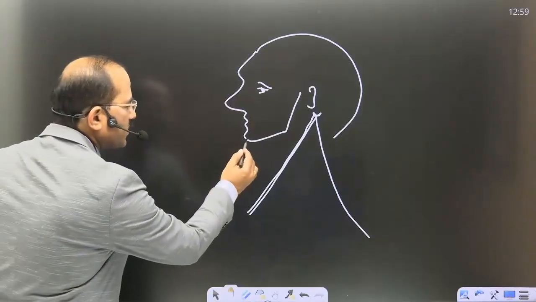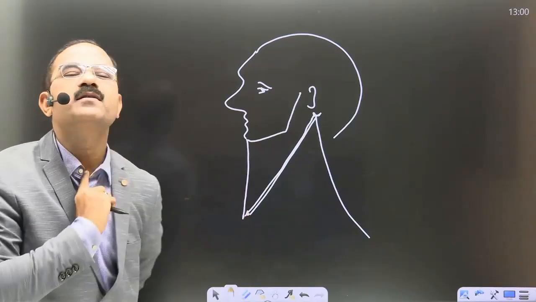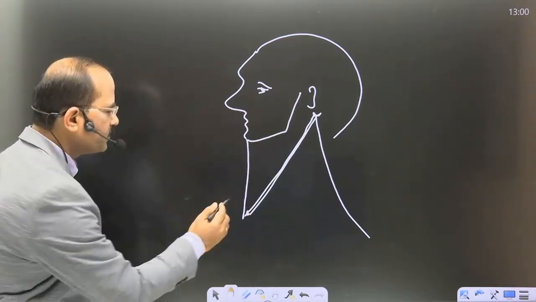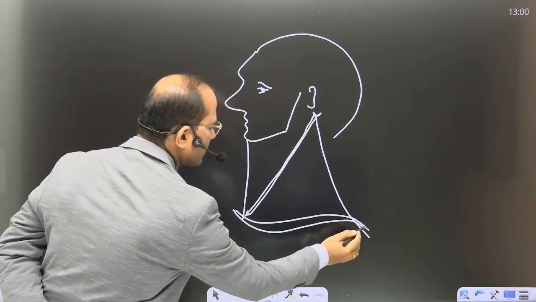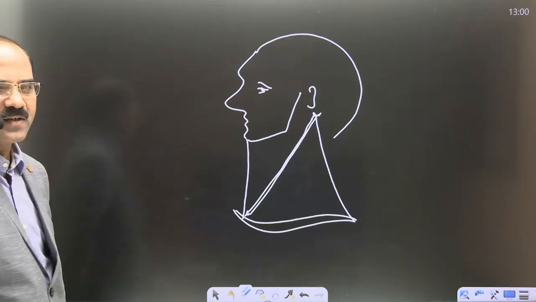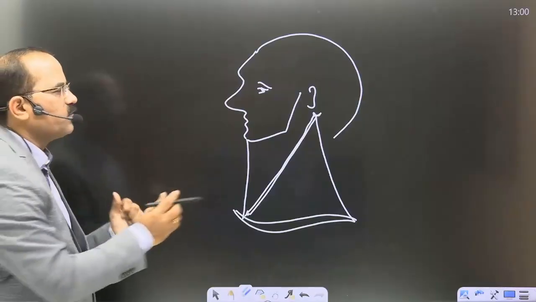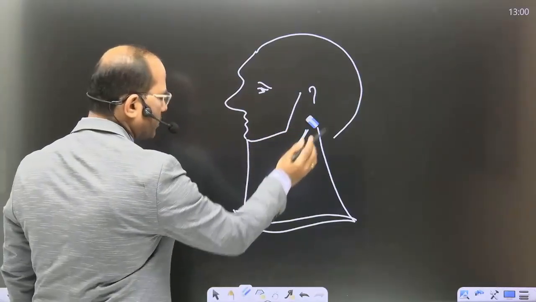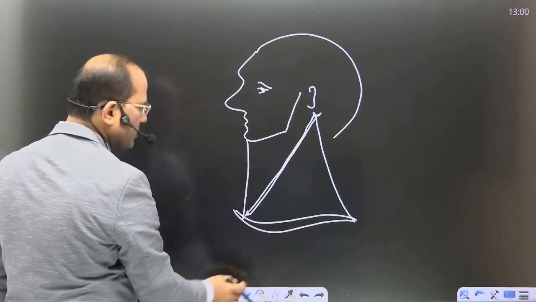What is this, students? This is what we call the midline of the neck. That's the midline of the neck, correct? And what is this here? That's the clavicle. Let me just be very specific, right? Now we draw an imaginary line from the angle of the mandible to the mastoid process here.